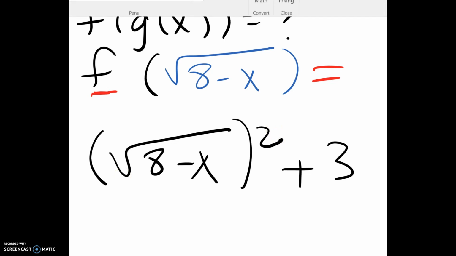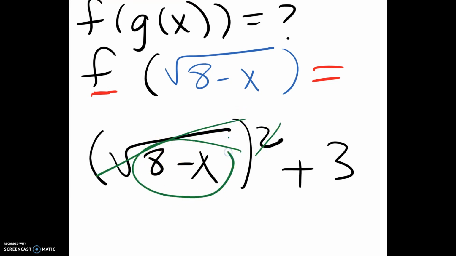They will cancel each other out. And you're going to be left with 8 minus x plus 3. Combine our like terms, and we will have the composite function f of g of x.